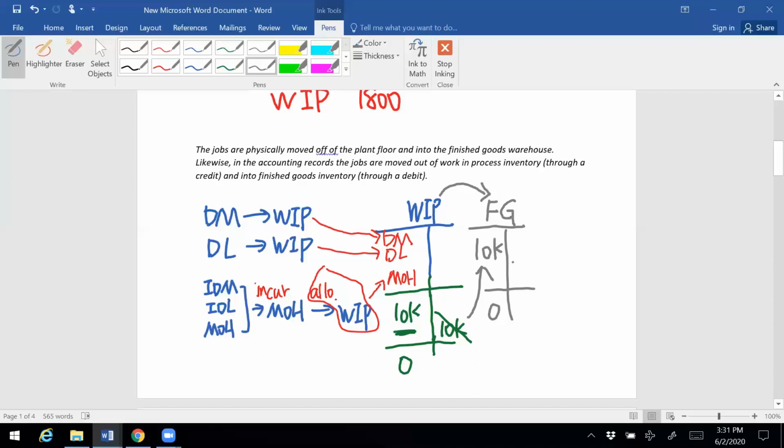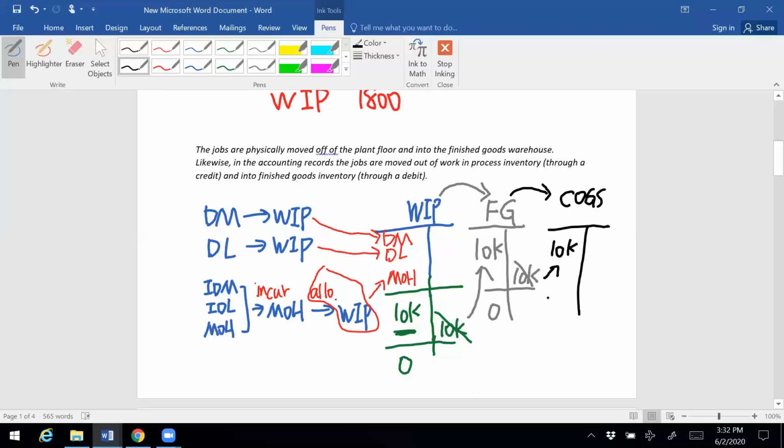But once you sell it, it's not in your warehouse, it's already sold. So we also have to write off this 10,000. Where does this go to? It goes to cost of goods sold. So that 10,000 goes to our cost of goods sold.